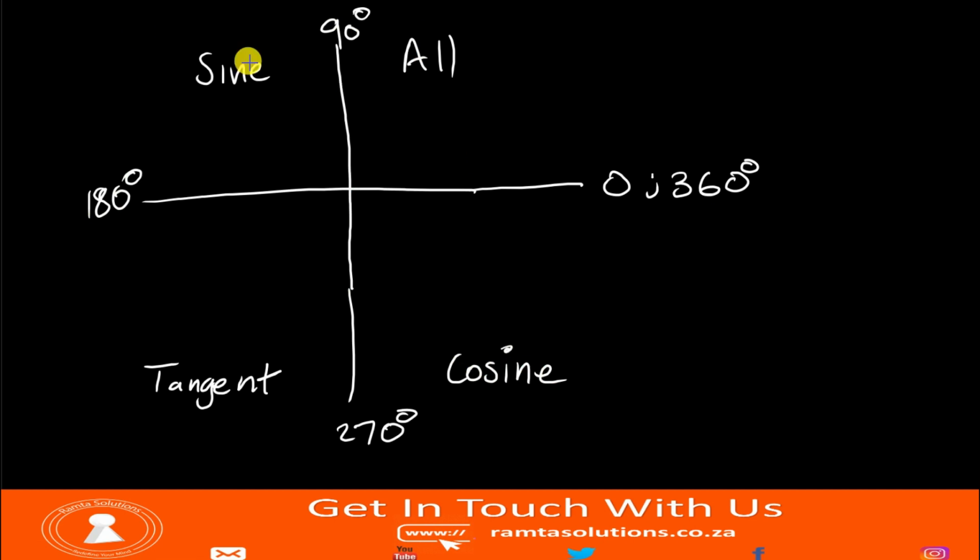Now, this is why we are saying CAST diagram. In the first quadrant, all ratios are positive. In the second, only sine is positive. In the third, only tangent is positive. And in the fourth, only cosine is positive.